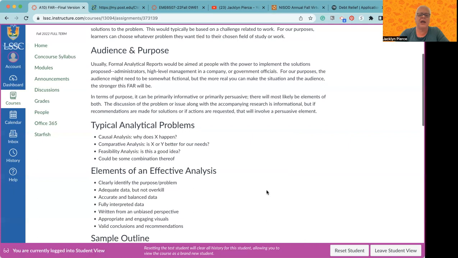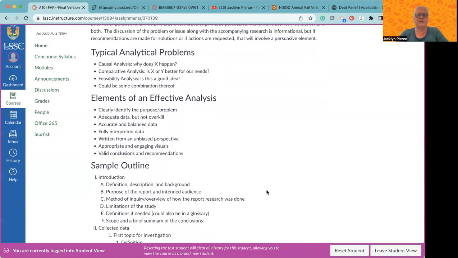Elements of an effective analysis include a clear definition of the purpose or the problem, adequate data, but not going crazy, accurate and balanced data, making sure that you are finding good, solid information that is not presented in a biased way, things that have been fully interpreted by experts, written from an unbiased perspective.